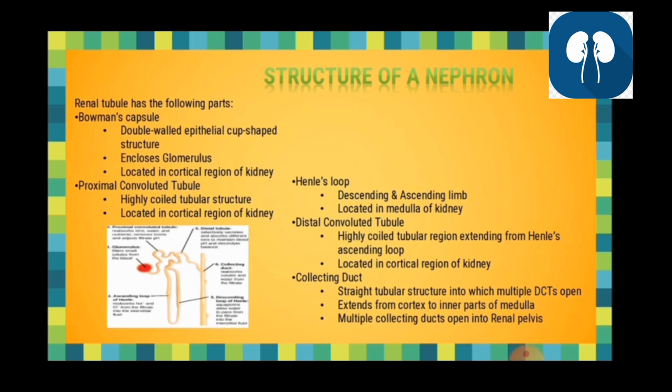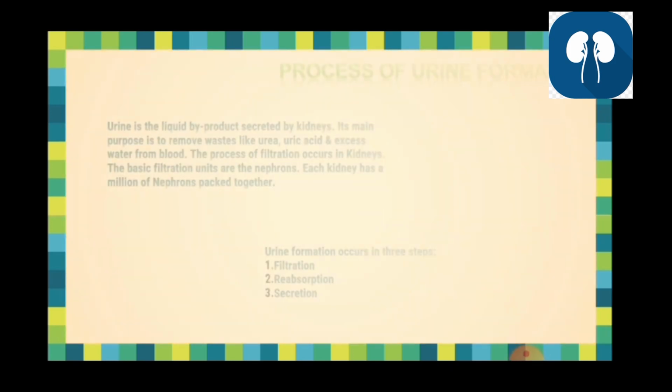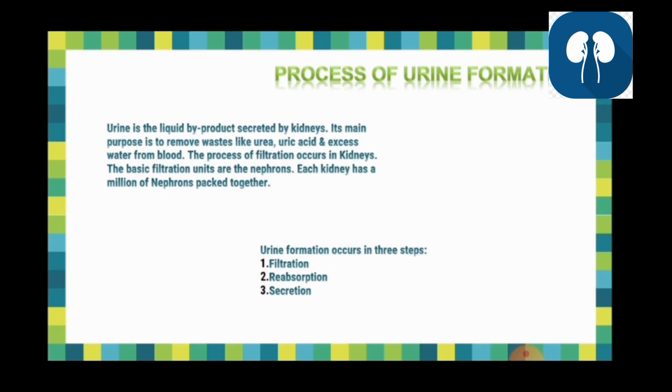Now let us talk about the process of urine formation. Children, urine formation involves three main processes. What are the names of these three steps? That is filtration, reabsorption and secretion. That takes place in different parts of the nephron.